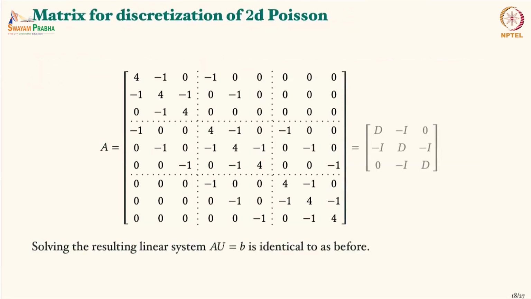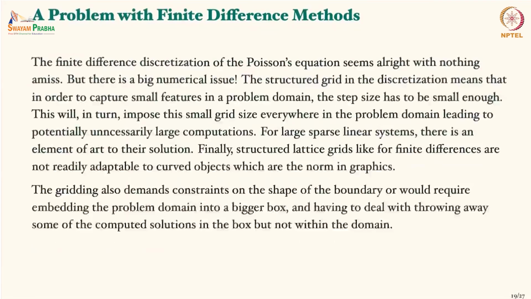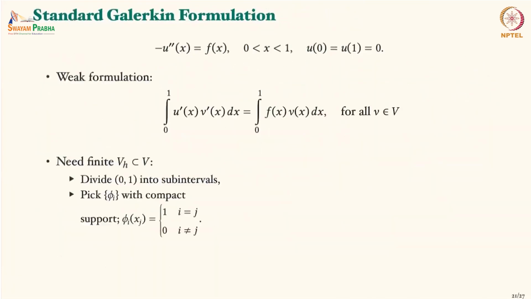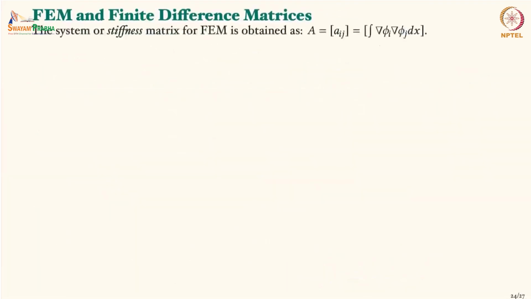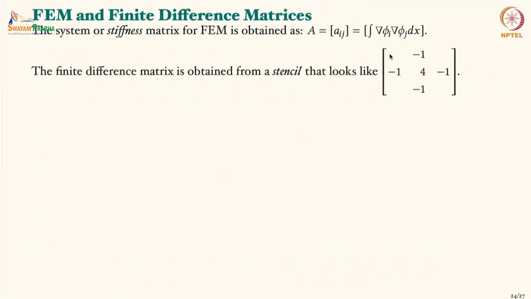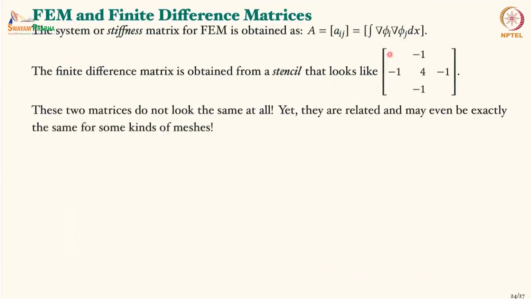This was the 2-dimensional finite difference matrix, but I'm claiming something slightly different. I'm saying that if you're willing to do finite elements on grids, or you extend the definition of finite difference somehow, you hope or believe that someone has done it already, to triangle meshes, the stiffness matrix that you get, the left-hand side system matrix, will be identical. And this is some sort of a feature of the lowest order method.